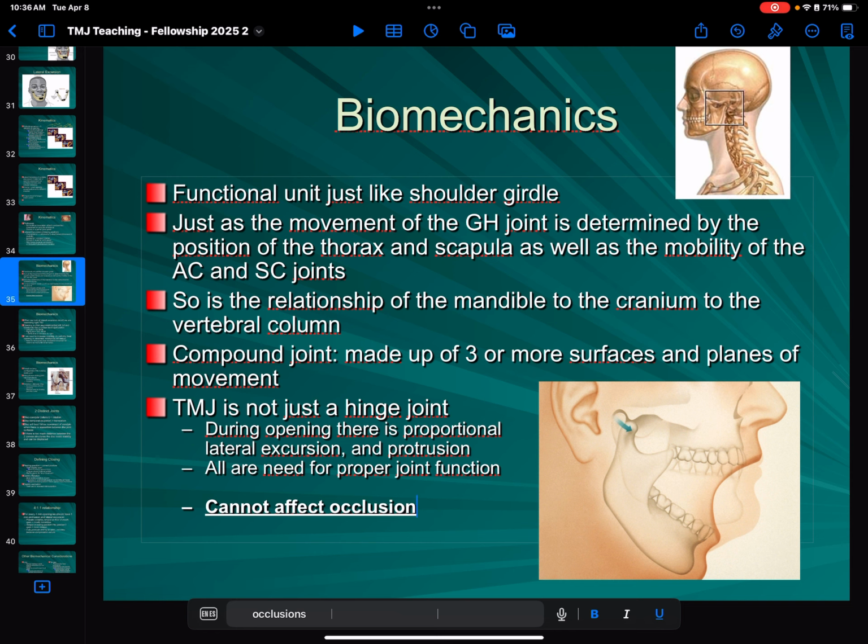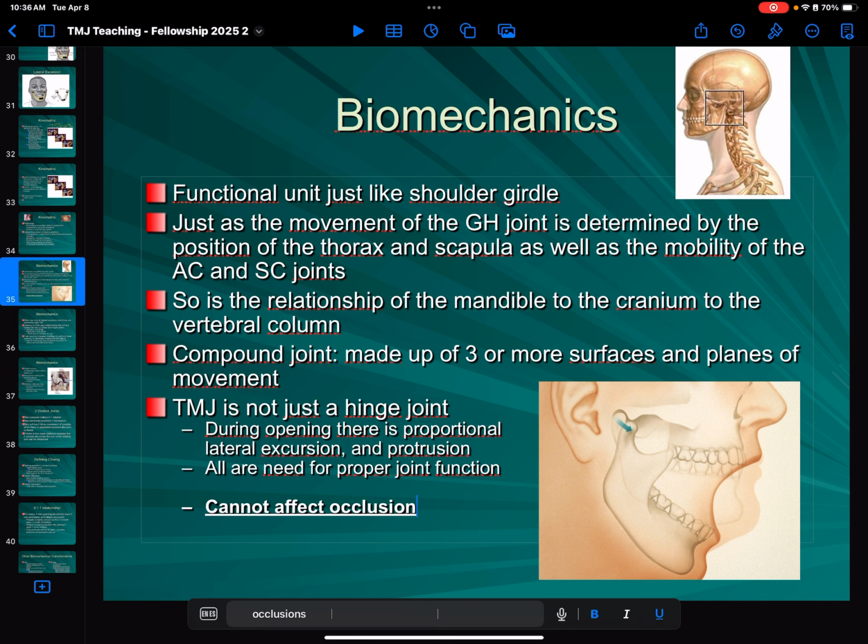Rotation. So we should get pure rotation. Then what starts happening is we get some translation, right? And then we continue with that motion. So within the joint, rotation, some translation, and it's going to look like this. Again, the description that I'll give to my patients is distribution, rotation, translation. This is what we're looking for.